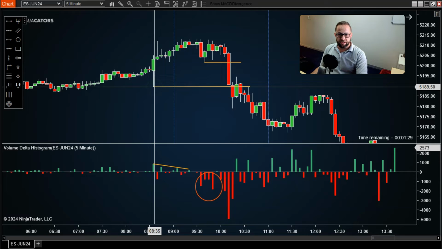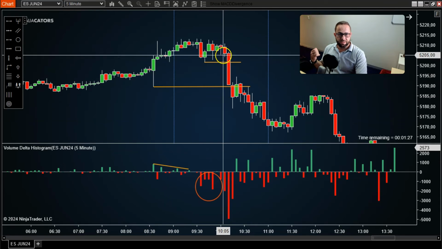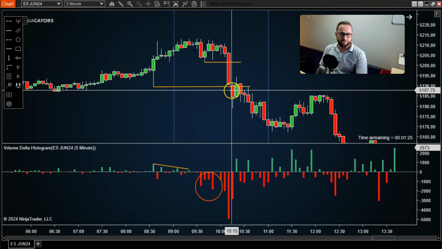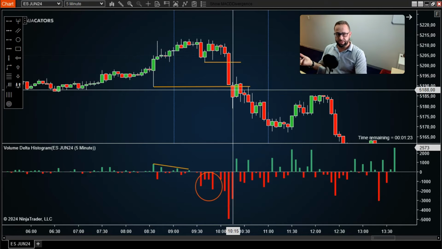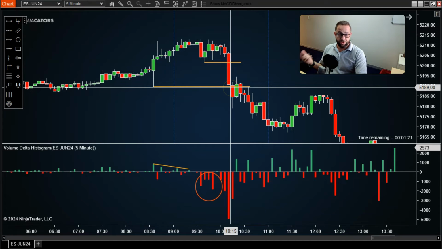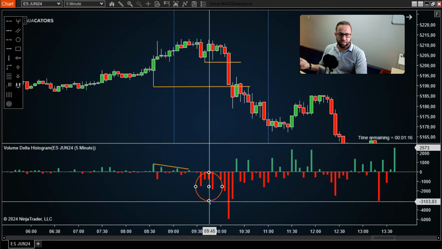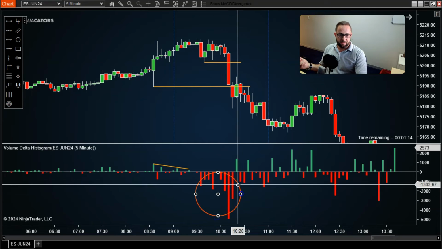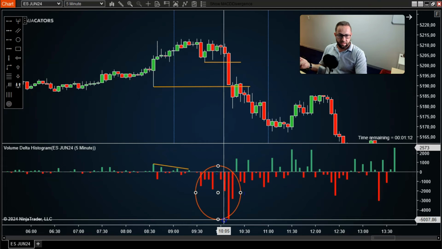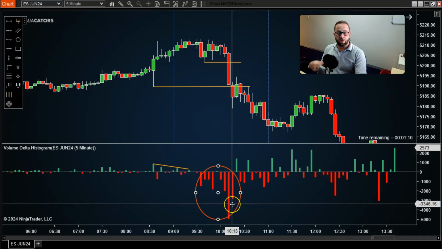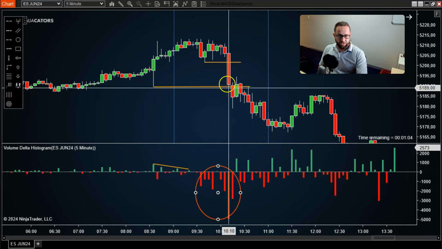That's what I mean by price structure. Basically, price breaks price structure, giving additional confirmation that a reversal is potentially taking place. Then it's very easy to see we have confirmation here from the sell side volume on the volume delta, showing that way more sellers are getting into this market, which gives you that extra confidence that you might want to take a short here.